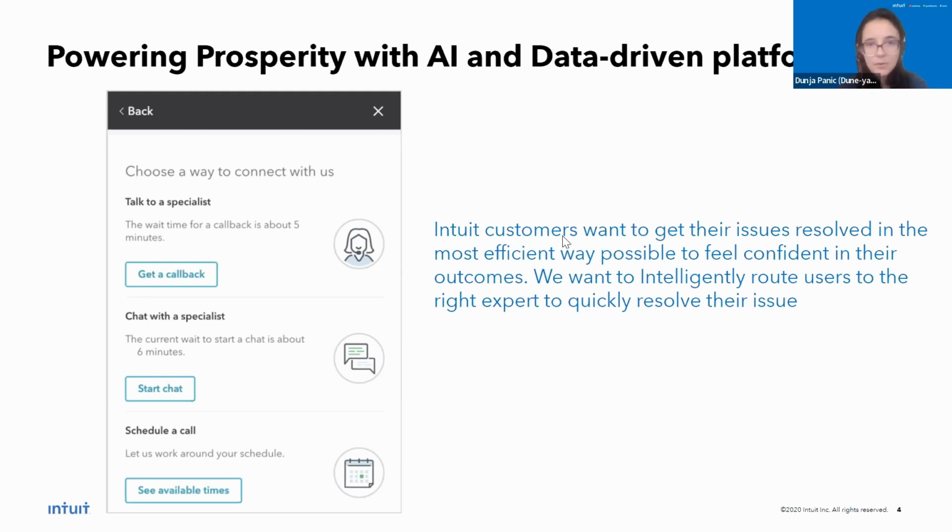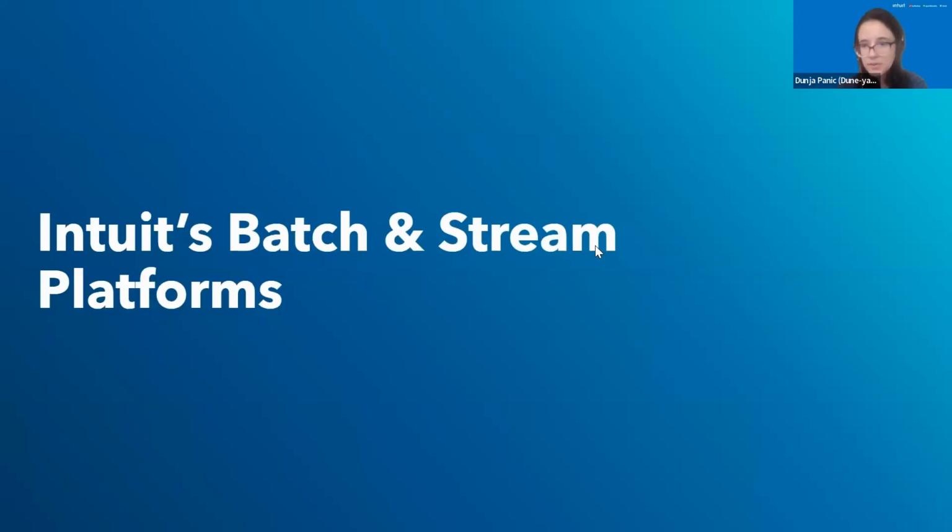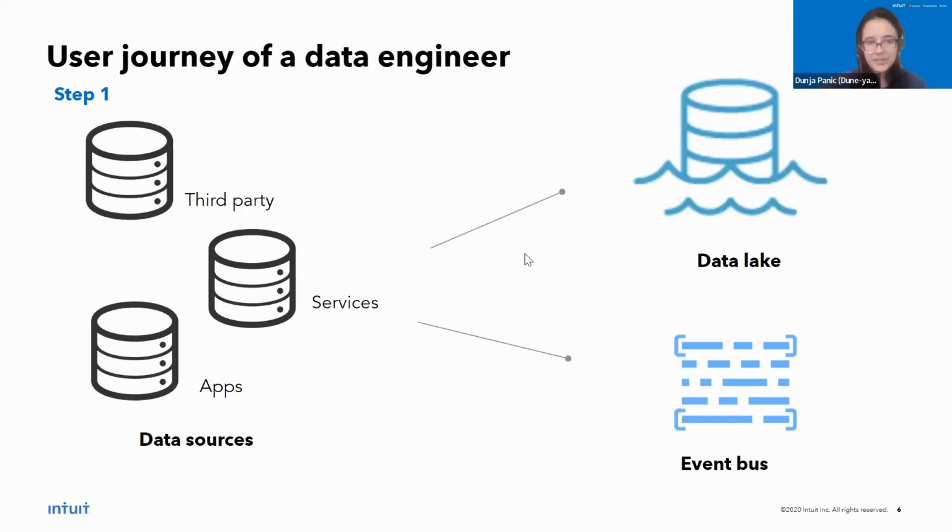So that kind of orients you around the problem space, but I will now go into a little bit about how we get there. So I'll start with a bit about the data journey. Raw data will come in from a variety of different sources.